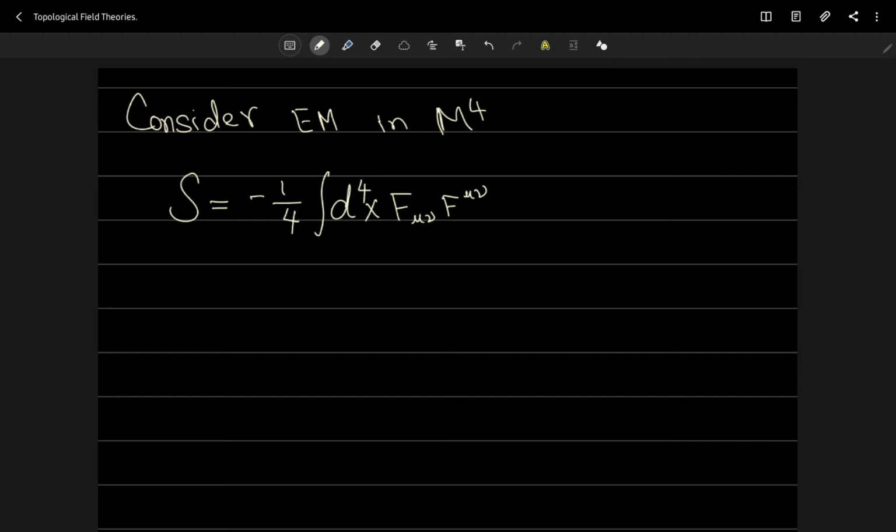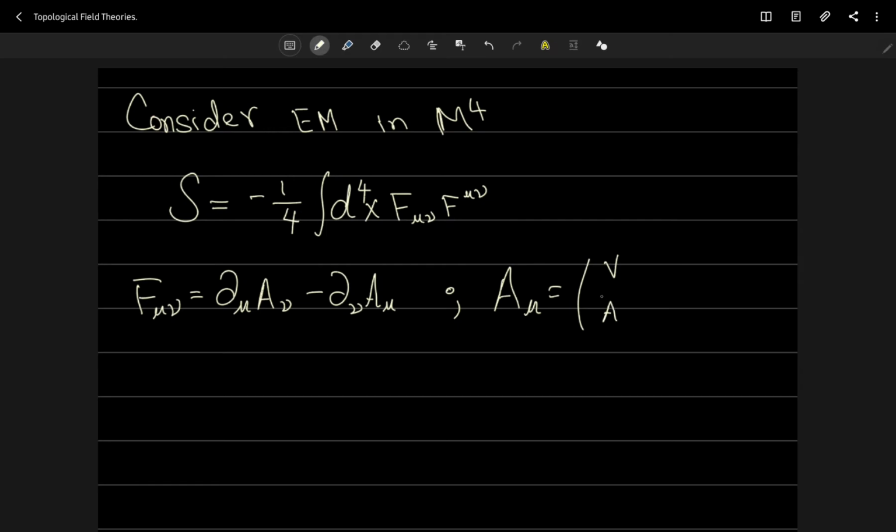Now, here recall that this F mu nu is actually the electromagnetic field strength tensor, and it is written as partial mu A nu minus partial nu A mu. Over here, this A mu is actually your 4 vector potential, and it is expressed as the scalar potential V and the vector potential A, right?